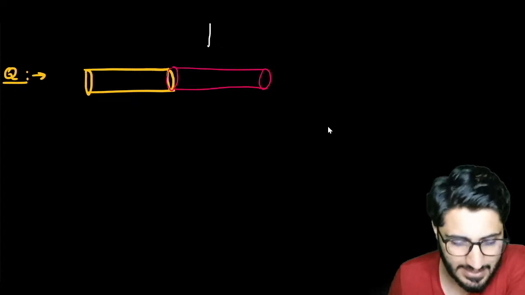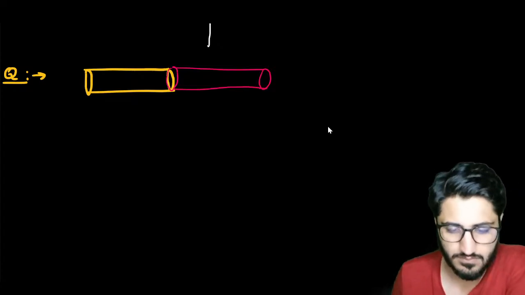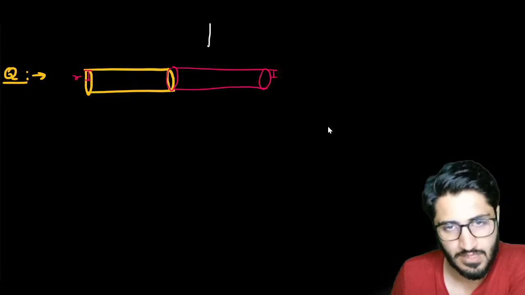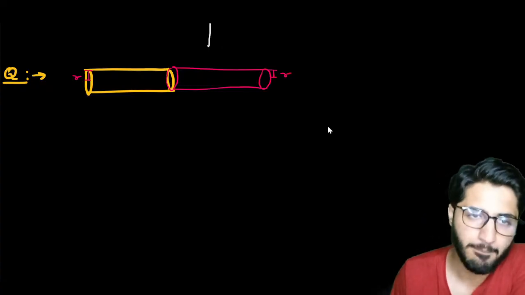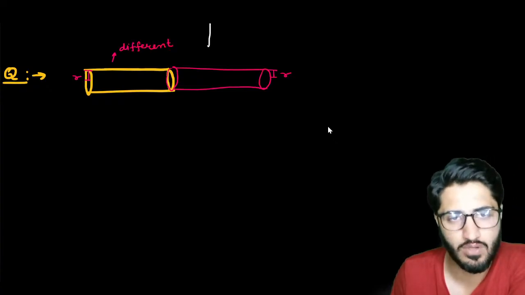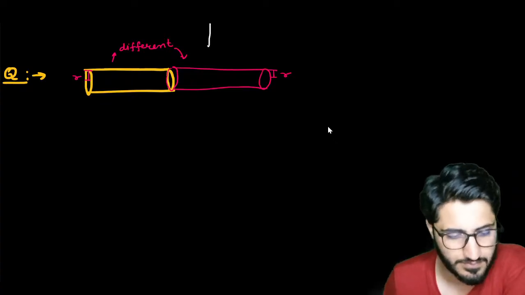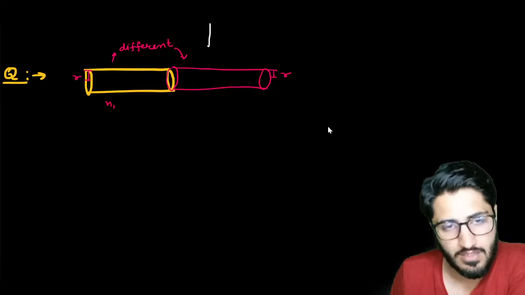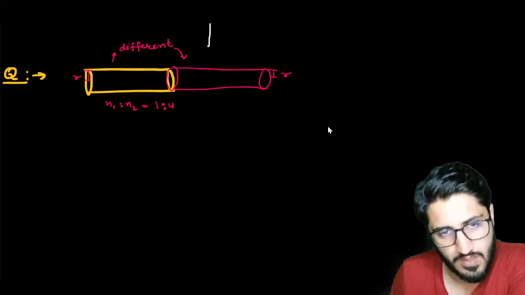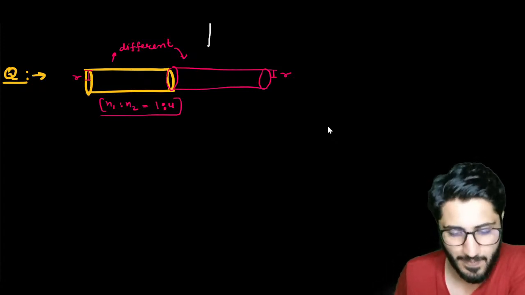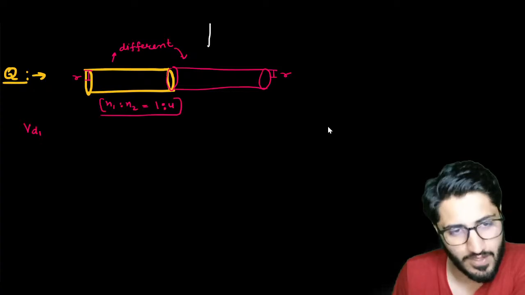The radius of each is given as r. The material is different. The charge density ratio n1 to n2 is given to us as 1 is to 4. Find V_d1 to V_d2.